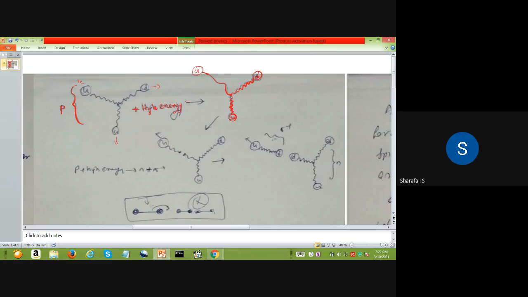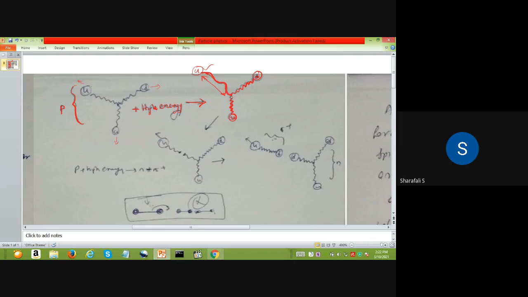So when you give this much high energy, suppose the interaction or force between these two quarks will get reduced. The force between this up quark and the other two quarks will get reduced. So we just represented that here, this particular strand.